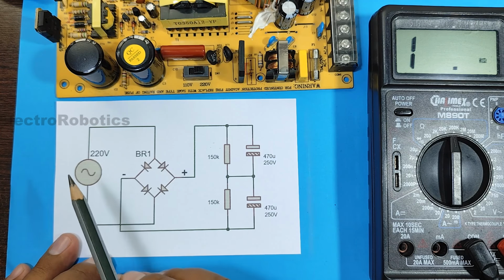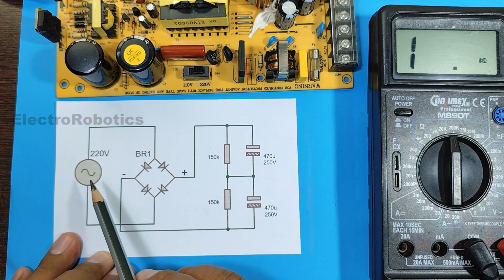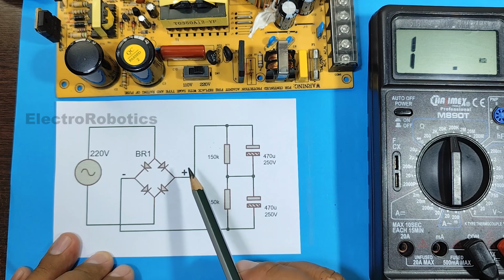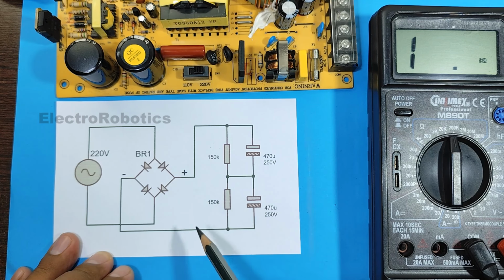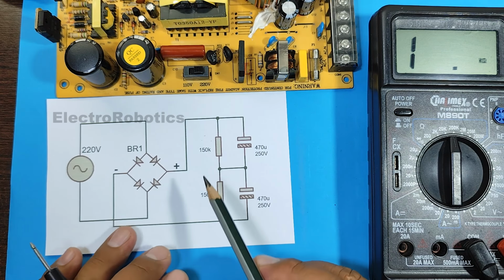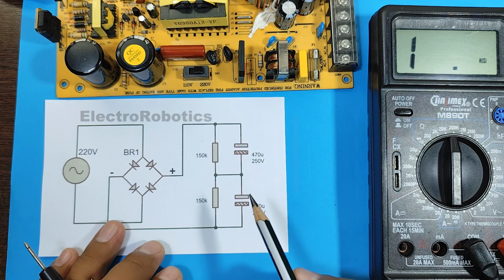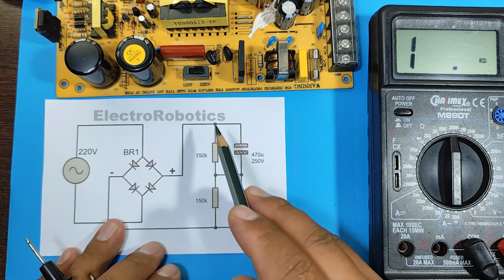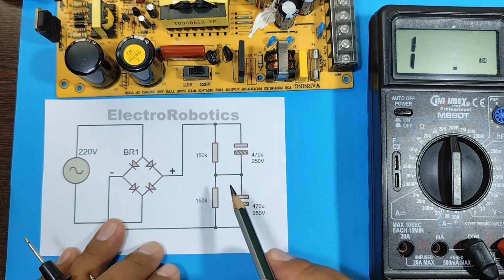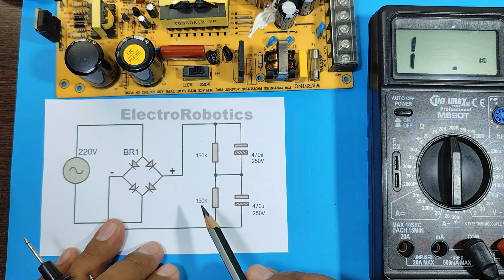That is, we first have 220 volts of alternating current. After that, thanks to the rectifier, we have 310 volts. Those 310 volts could damage the capacitors if we don't put these two resistors in series, since they will divide the voltage for the capacitors.